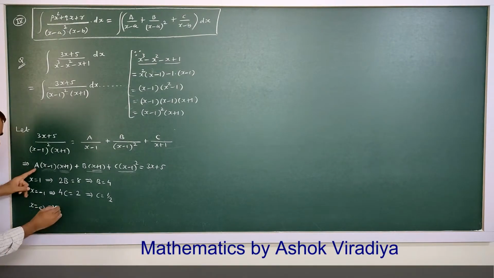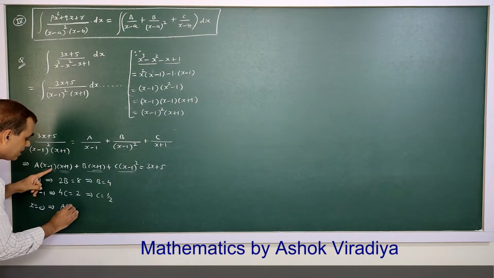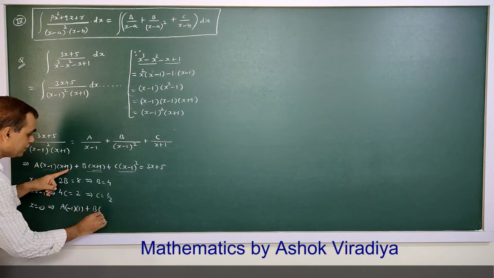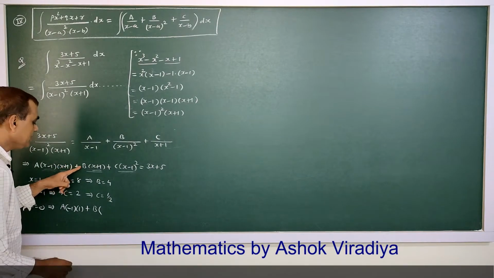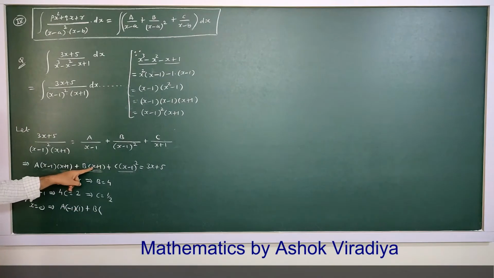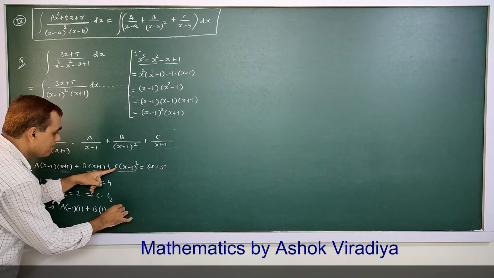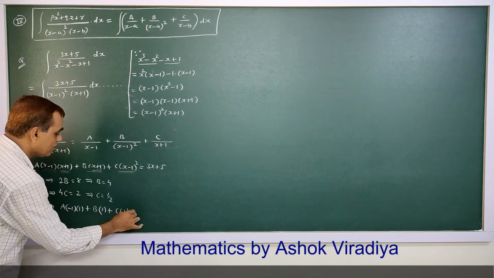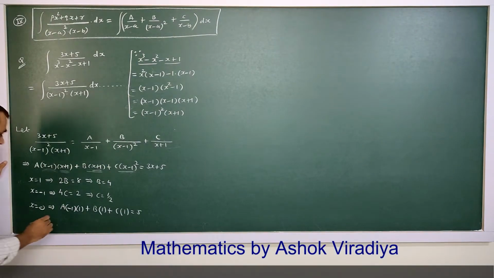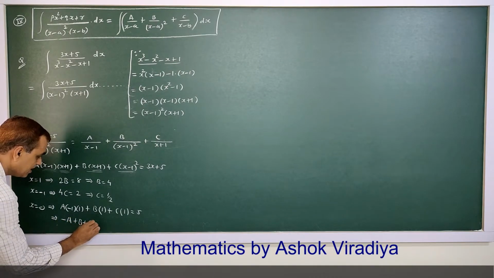Putting x equal to 0, this will be A into 0 minus 1 is minus 1, 0 plus 1 is 1, plus B into, B is how much? 4. That we put later on. Here 0, B into 1 plus C into minus 1 squared is 1, equal to 5. So that is minus A plus B plus C is 5.